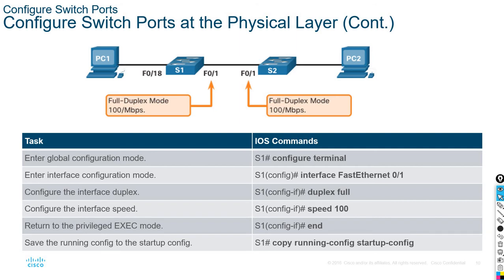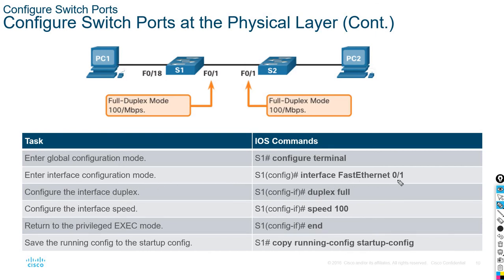To configure switch ports at the physical layer, enter global configuration mode using the command configure terminal, and then enter interface configuration mode.